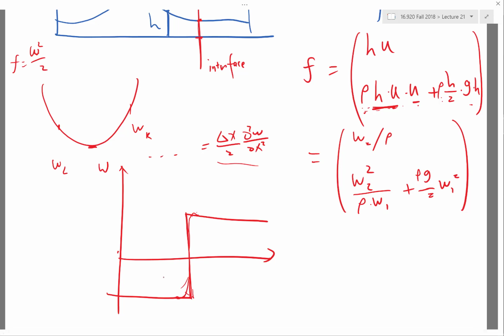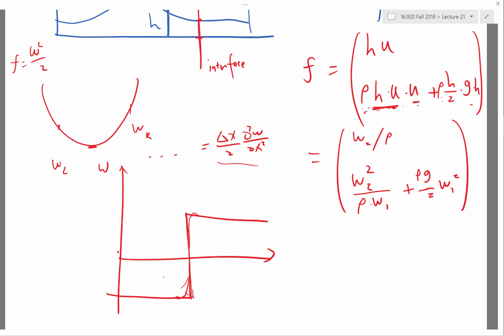So another way to solve the problem of entropy violating solutions is to introduce numerical dissipation. And a good approximate Riemann solver would introduce the minimum amount of numerical dissipation to make an entropy satisfying solution.